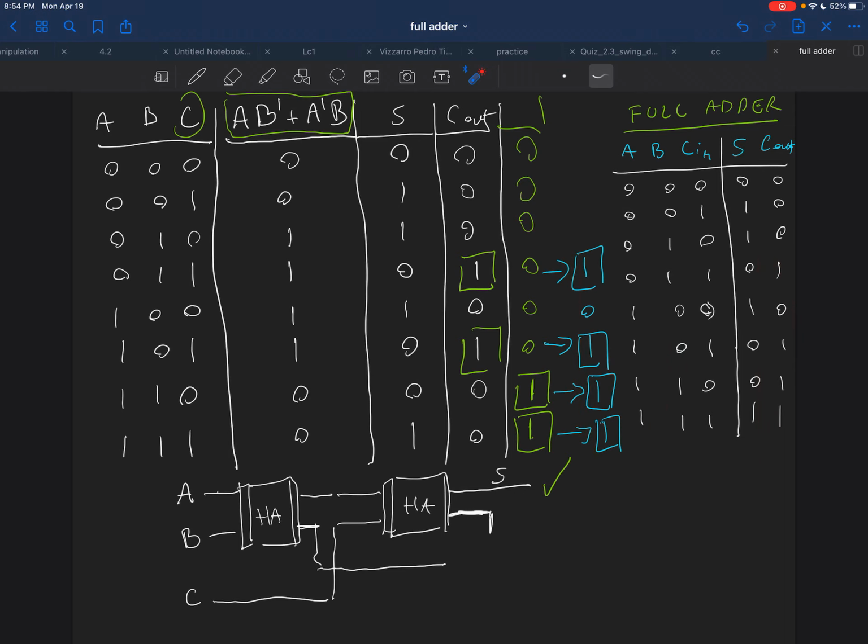So if we OR these, then we are good, and we get these already from here. So we put them into an OR gate, and that's our Cout.